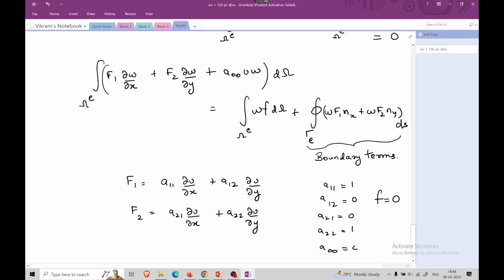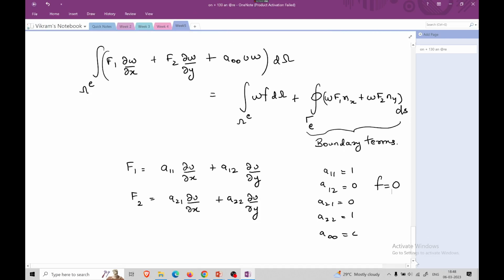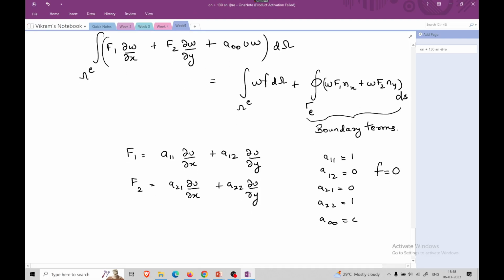So F1 will become simply dou u by dou x, F2 will become dou u by dou y, A00 is C, and the f term vanishes because f is 0 in this case.